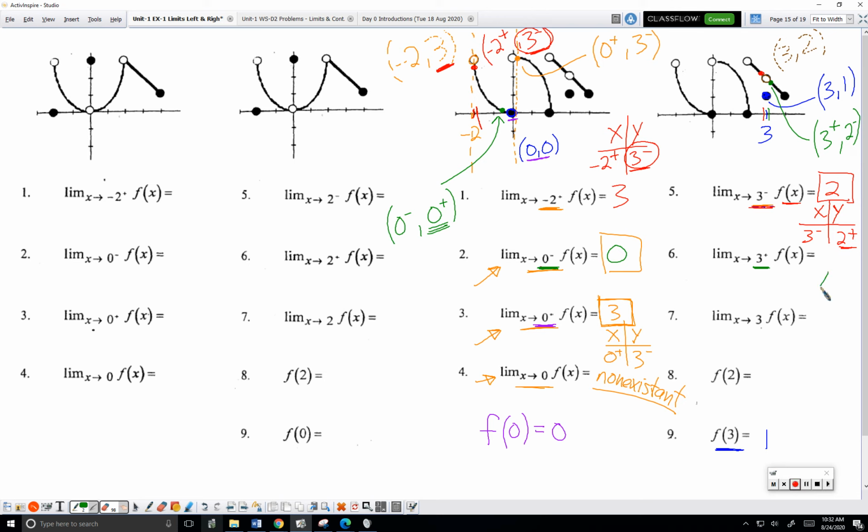So when the x-coordinate is just a little bit more than 3, the y-coordinate is just a little bit less than 2, therefore this limit is exactly 2. To answer this, again, I do not look at the graph. I compare the left-hand limit and I compare the right-hand limit. Because both the right and left limits are 2, this limit is also 2.